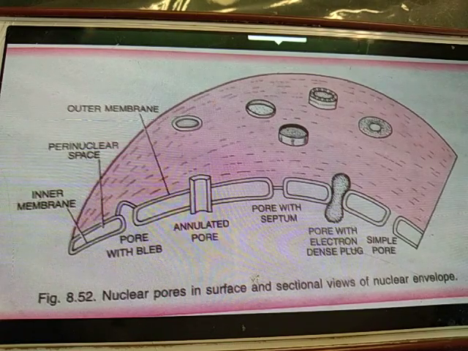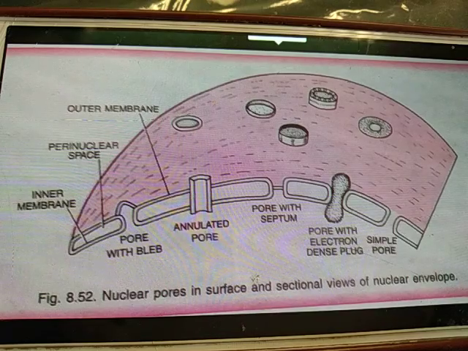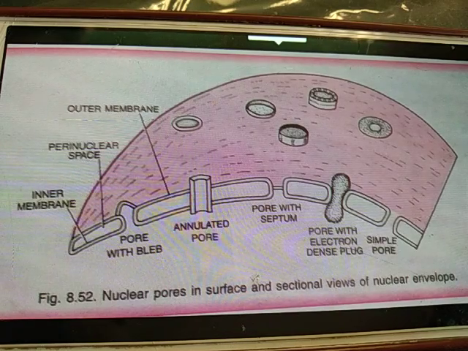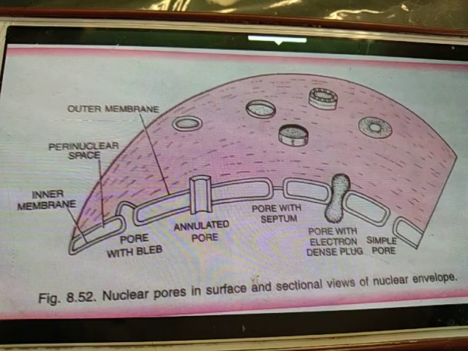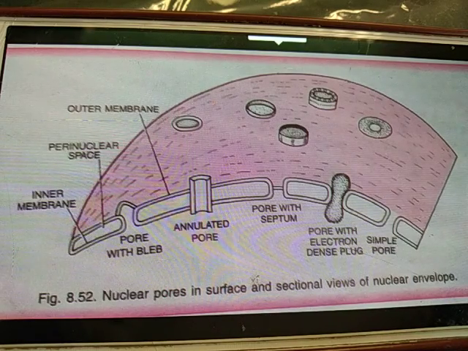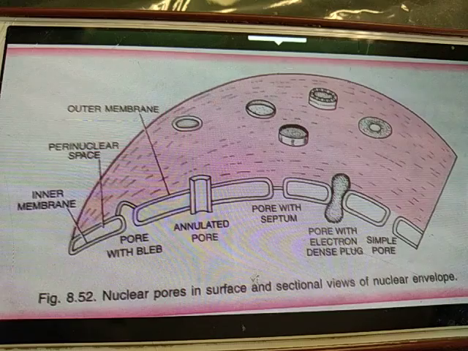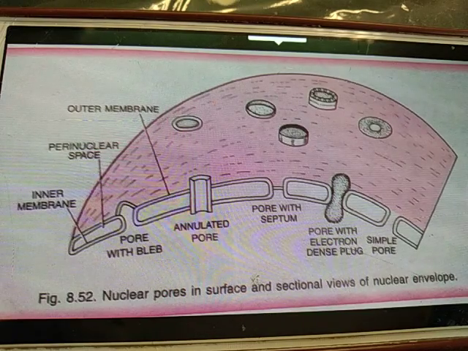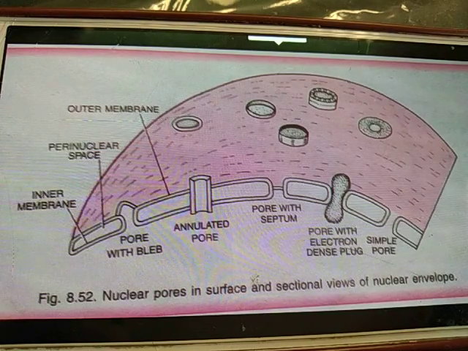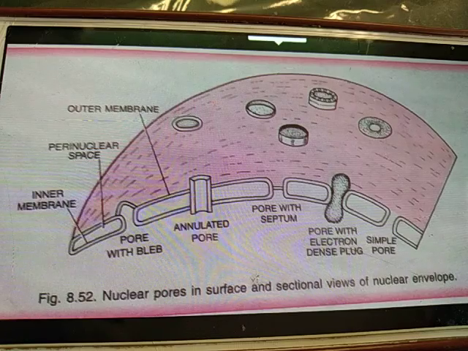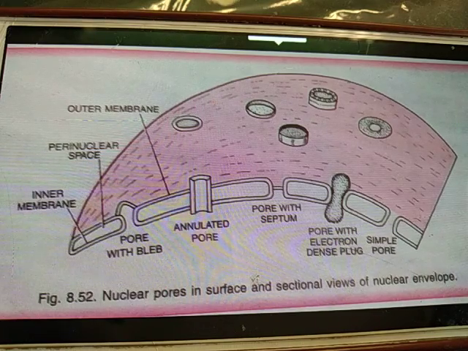So nuclear sap, karyolymph, or Strasburger, these are the terms which are used for nucleoplasm, and these terms were given in 1882. It is a transparent, semi-fluid, and colloidal substance which fills the nucleus.